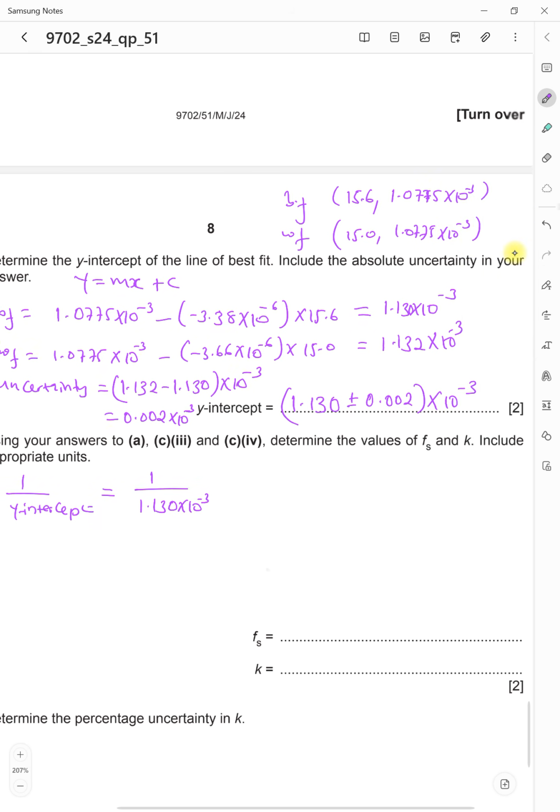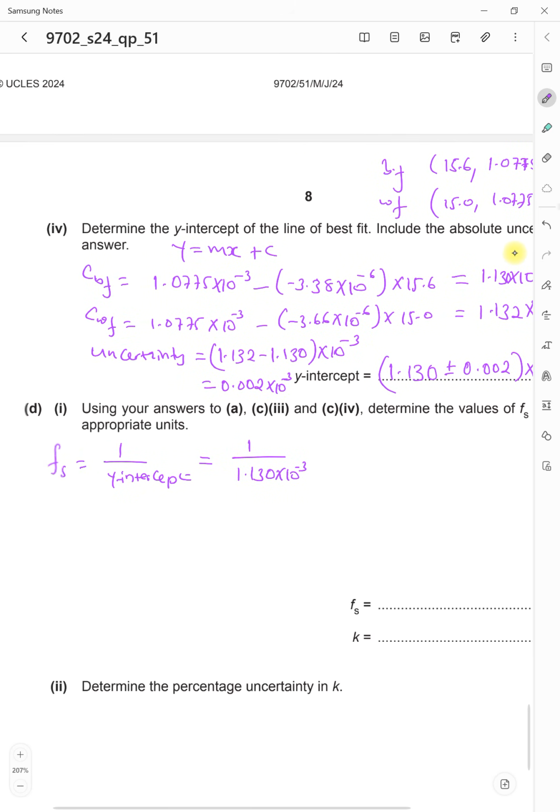Then we're determining Fs and K. Then for K, remember the gradient was equal to -1 over K Fs from question 1. So K is equal to -1 over the gradient times Fs.